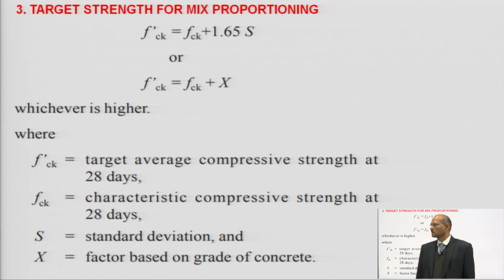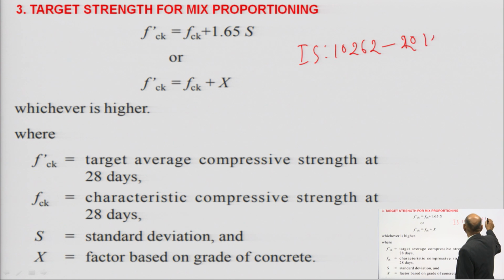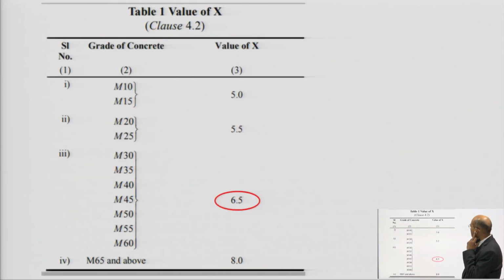Mean target strength can be given by this equation: F'ck = fck + 1.65 S, or fck + X. This is given in your IS 10262:2019. So, you have to take table number 1, which is going to give you the value of X, and for M50 grade concrete we have to take 6.5.